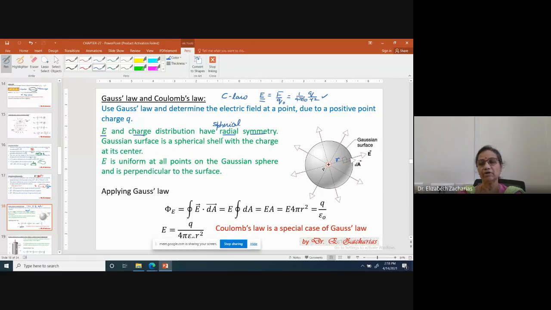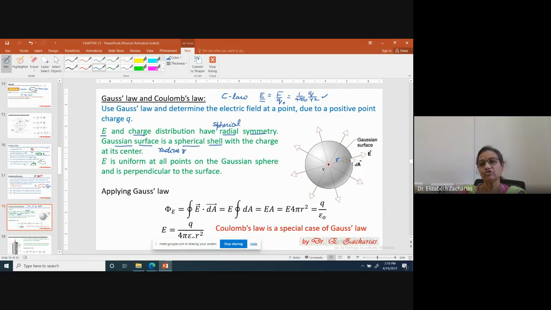Okay, so next what do we do? I need to now use a Gaussian surface which matches this symmetry. Therefore, my Gaussian surface is going to be a spherical shell, with this charge q at the center. And how do I decide the size of the Gaussian surface? My Gaussian surface is a sphere of radius r.